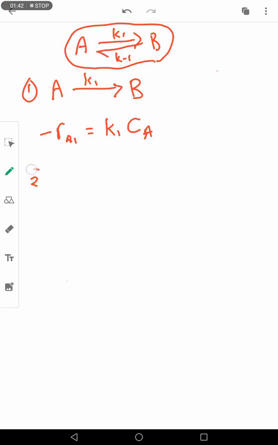So for the second step, in which we make the reverse reaction, in which B produce back to A with rate constant of K underscore 1, and this can be written in terms of RB2 or RA2.